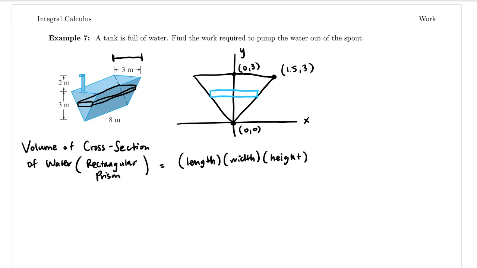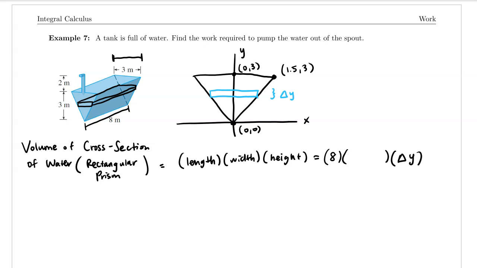The length here is constant because we're going from here to here, and that's 8 meters. So that is equal to 8. And the width we're going to figure out based off our two-dimensional picture, so we'll save that for now. Let's talk about the height. The height of our slice of water is delta y.